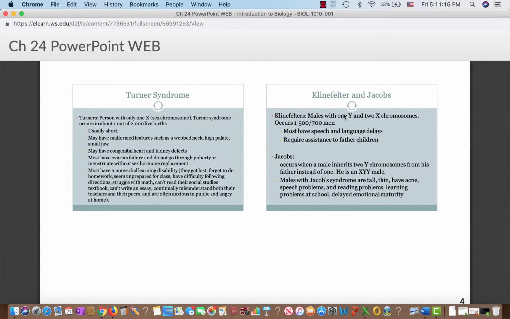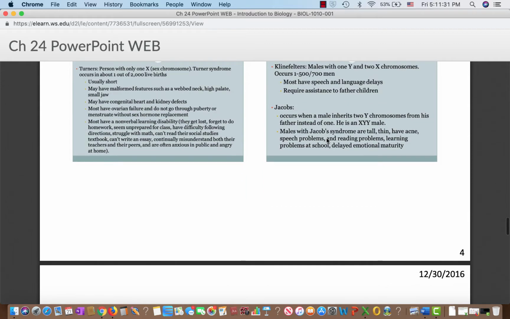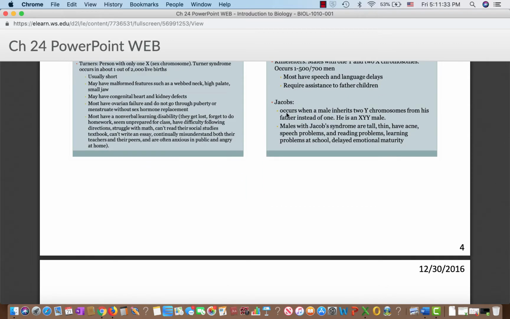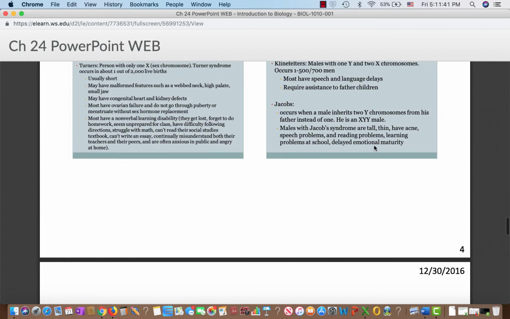Klinefelter, so you get a male with 1 Y and 2 X chromosomes, tend to just have a little bit of speech and language delays and may require assistance to father children. Fairly mild overall. In Jacobs, that's when you've got the 2 Y chromosomes, so you have an XYY genotype, and they tend to be a little tall, thin, have acne, speech problems, reading delays.